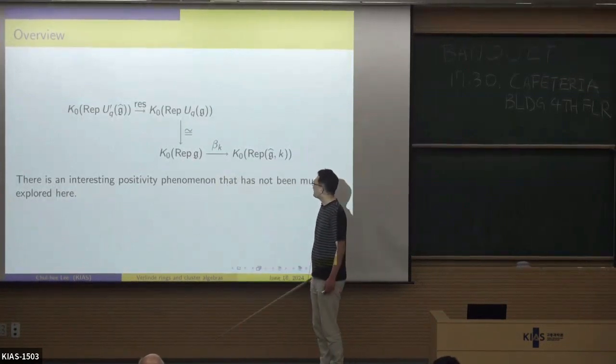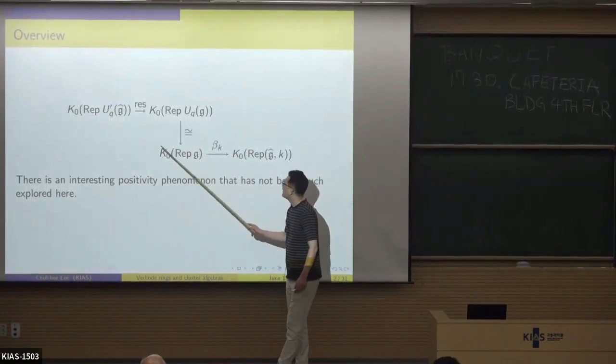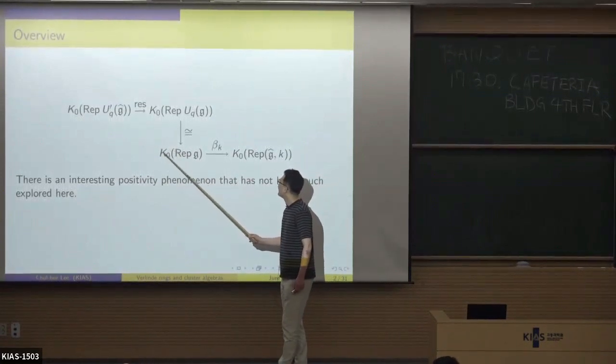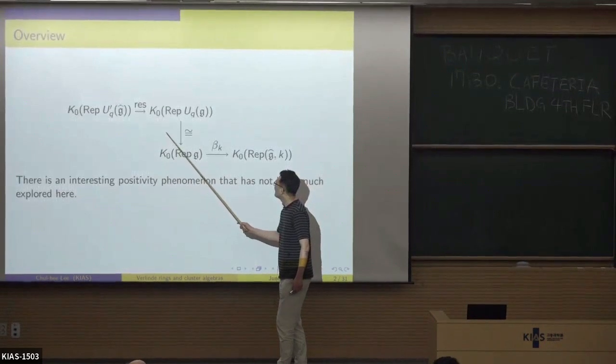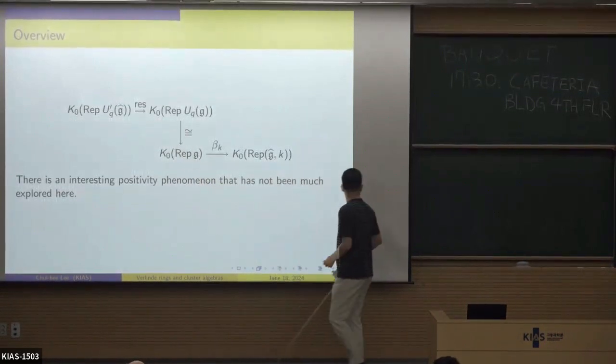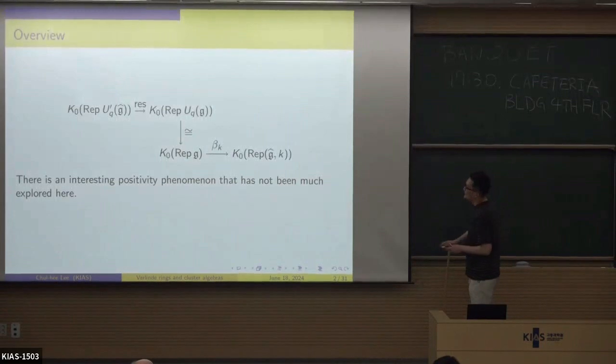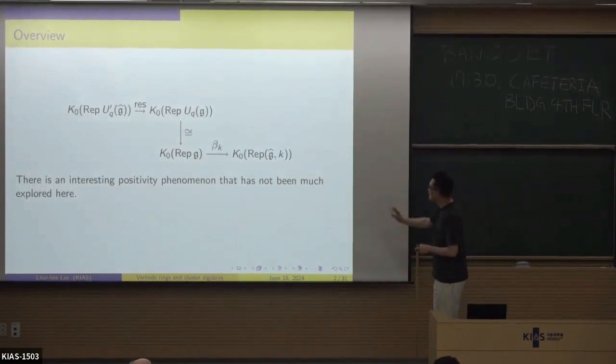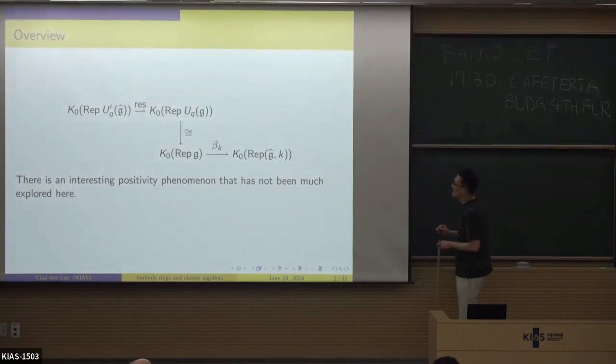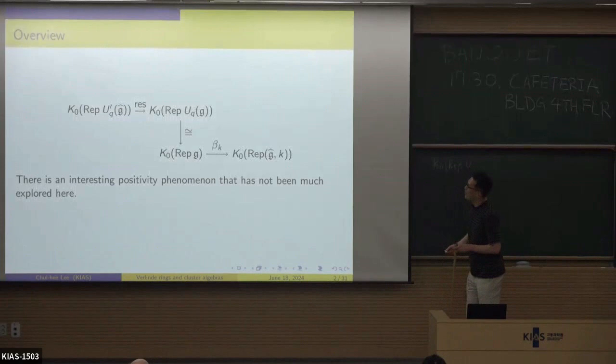So it's a bit hard to think about this composition, but it seems there's some non-trivial phenomenon going on. This is the main picture you should keep in mind. I will just write it down here also. And during my talk, you can just look at this diagram and see which part I'm talking about.